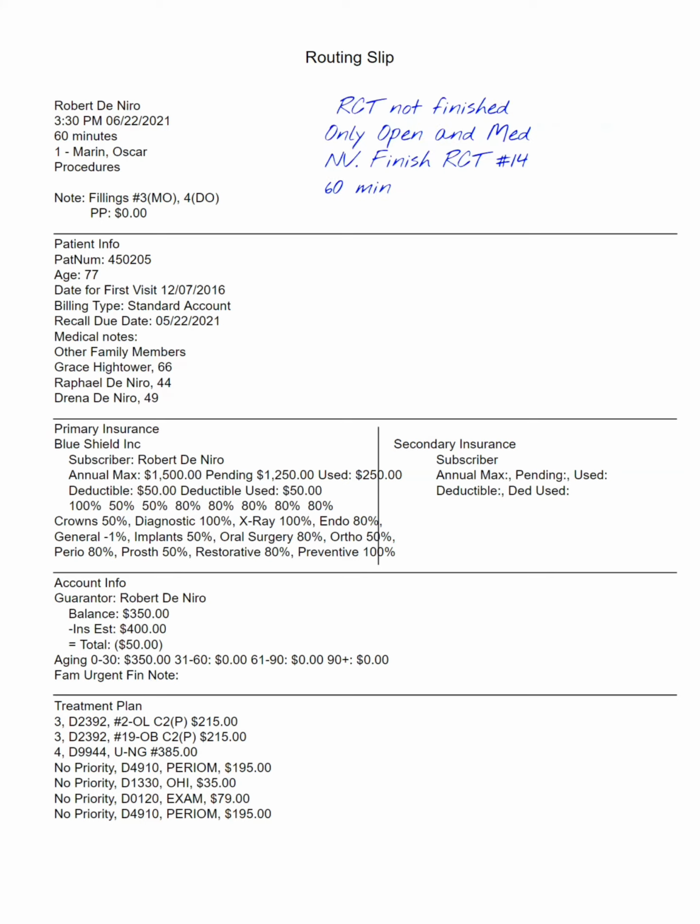For example, if the patient was scheduled for root canal treatment, but we only ended up doing open and med, we need to communicate that verbally, but you write it down because the front desk person might be on the phone, or anyone who's able to come and help the patient can now see in the routing slip what the patient needs. If you need to change information already on the printed notes, for example, if the printed notes say collect copay of $59, you can just write paid next to it.